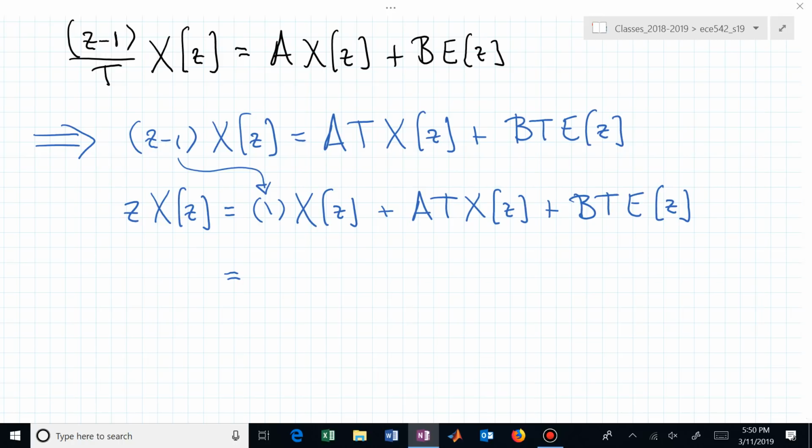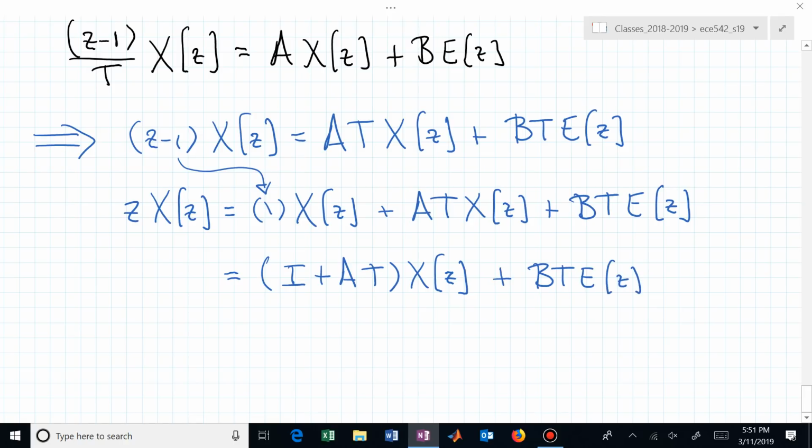Meaning, if I wanted to have x of z plus AT times x of z, I could also write that in exactly that same way. If I multiply that out, distribute the x vector across those two terms, I get exactly what I had above, x of z plus AT x of z plus BT E of z.